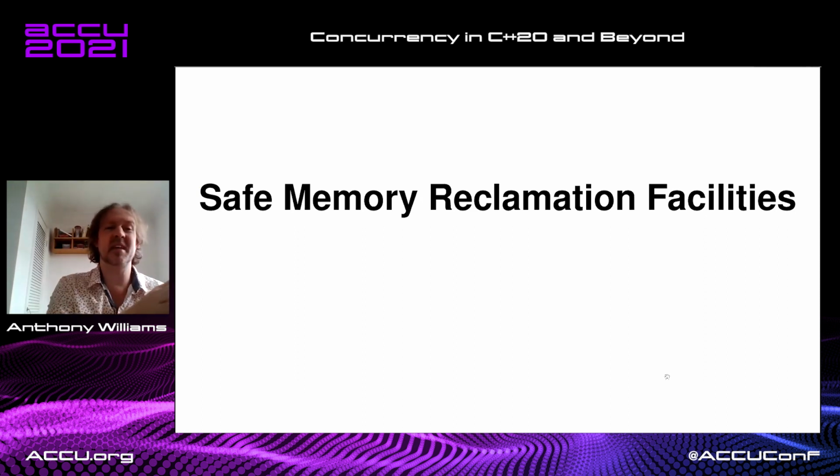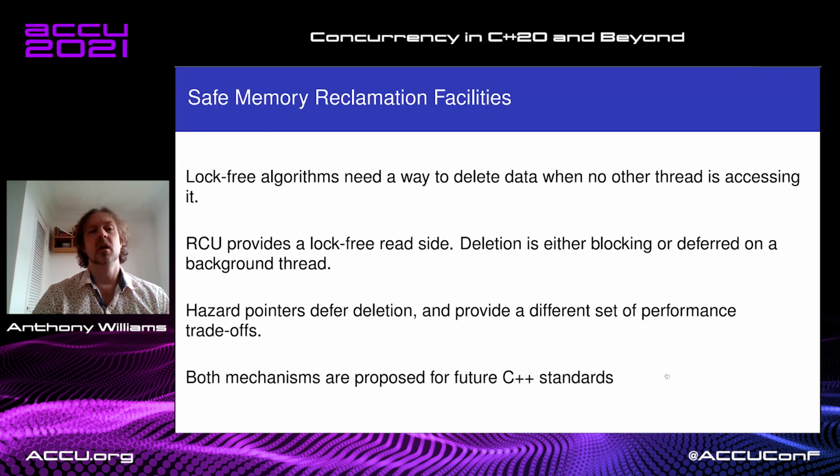If you're going to implement these things yourself, you need some method of safe memory reclamation. Particularly if you're looking at lock-free algorithms, if you're trying to delete objects, you need to know nobody else is accessing your object. Doing this with reference counting is tricky and adds lots of overhead. So there are various ways you can do it.